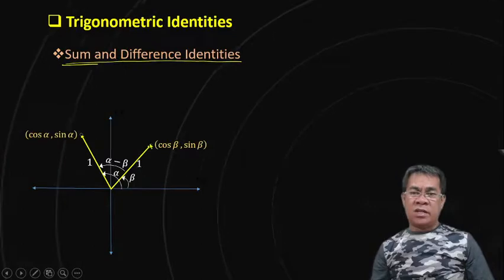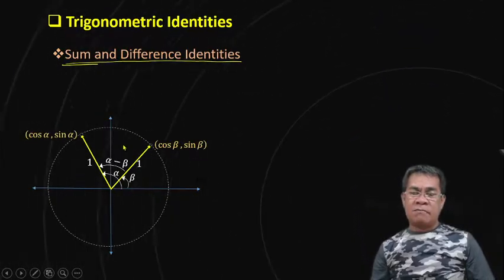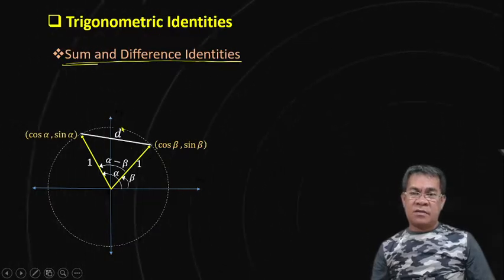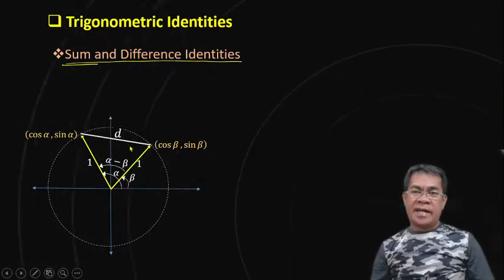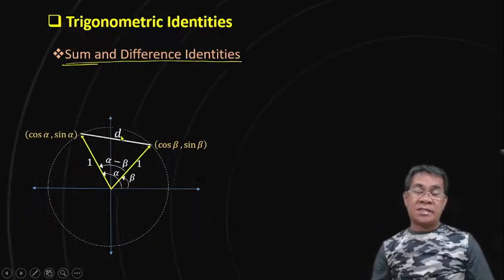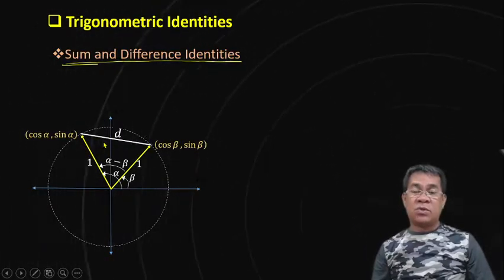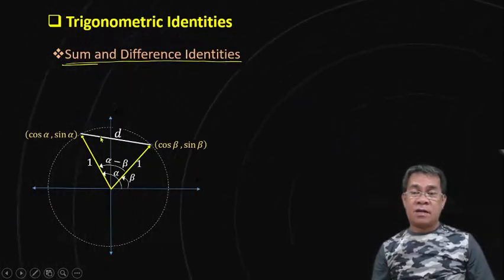Another thing is if we connect a line that passes through this curve, then we call this the undirected distance. So we have the distance between 2 points. Take note that in our previous mathematics, we can always find the distance between two points. How?